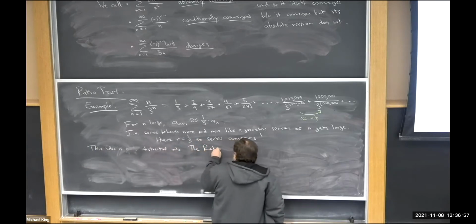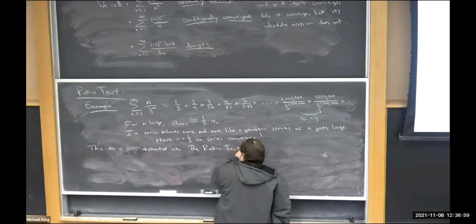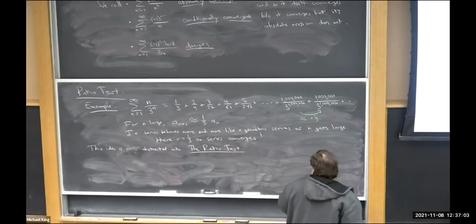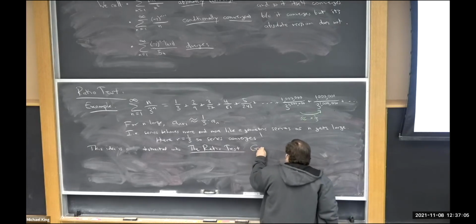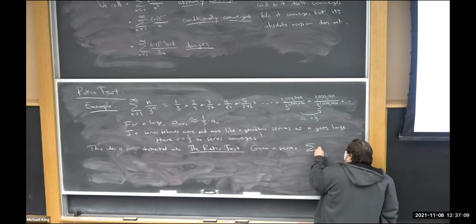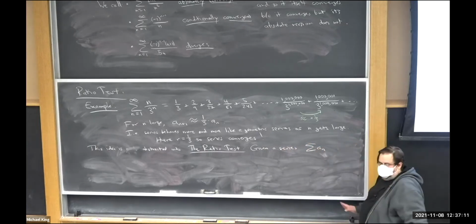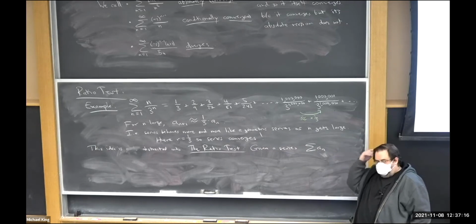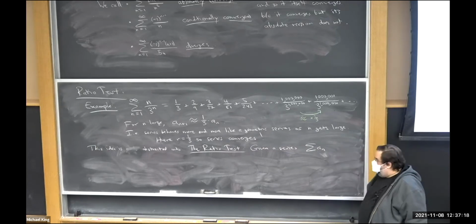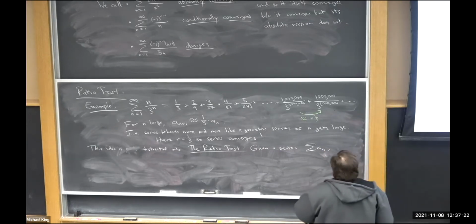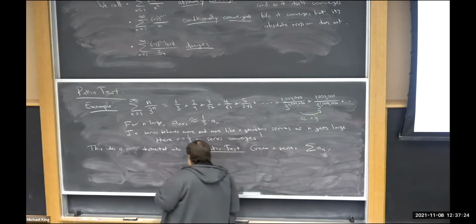So what that says is, given a series, and now the terms could be positive, negative, whatever. This could be alternating. It could have some weird chaotic mumbo jumbo going on.